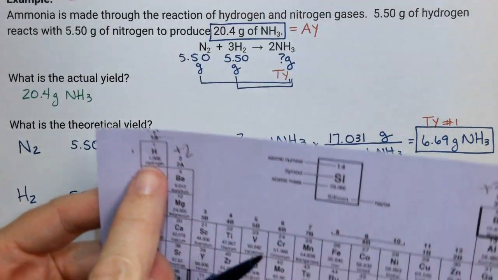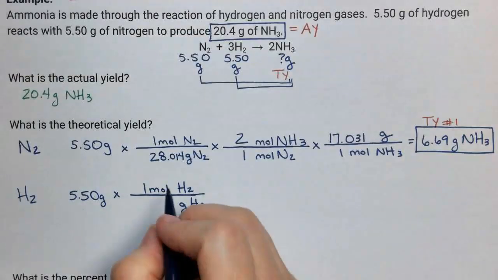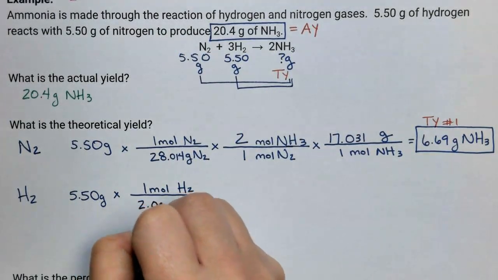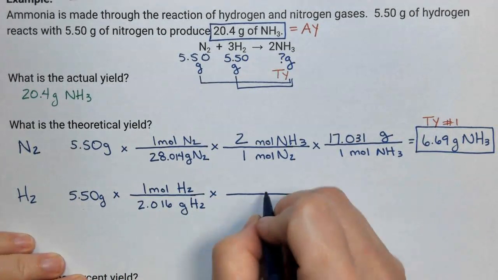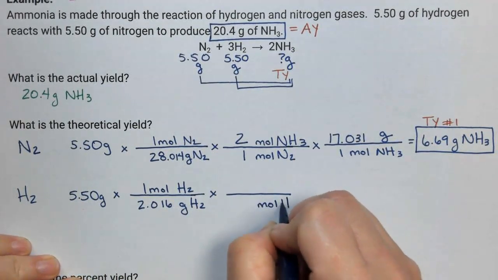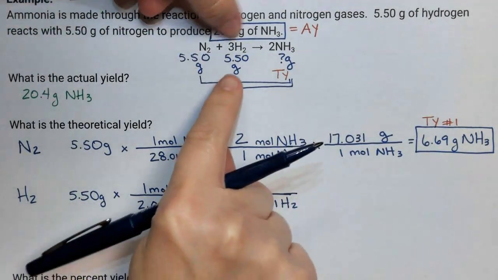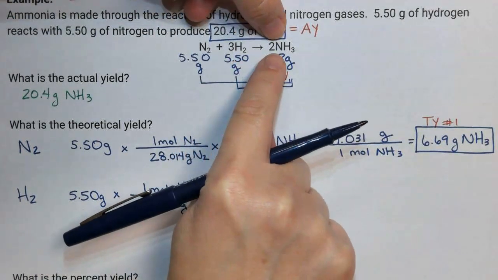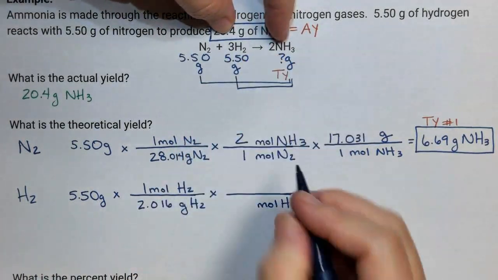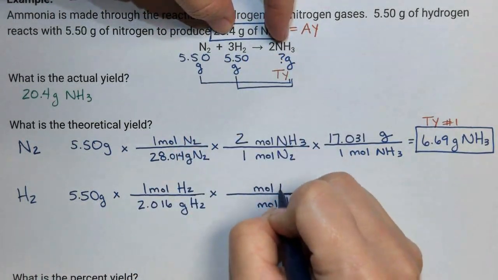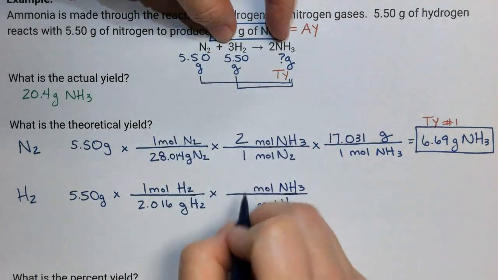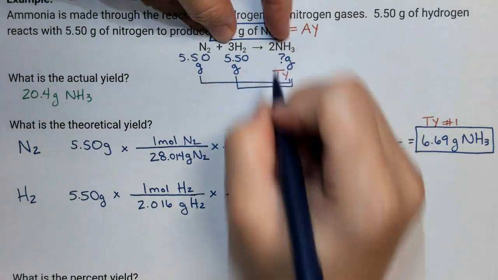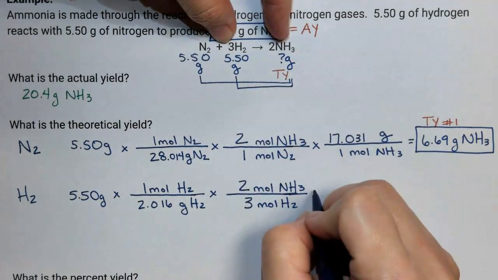The mass is 1.008 times 2, which is going to give me 2.016 times, draw a line. Now I can bring down moles of hydrogen, and here's my chance to do a mole to mole ratio from hydrogen to ammonia. So go from moles of hydrogen to moles of ammonia. It's going to be 3 moles of hydrogen to 2 moles of ammonia.